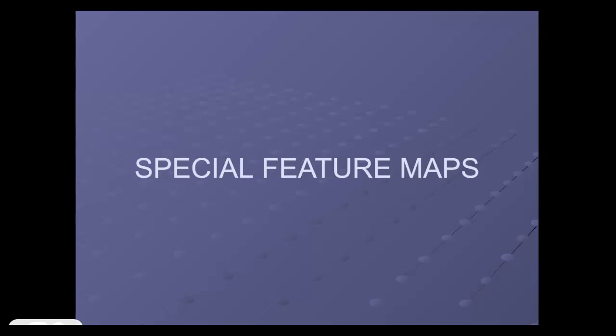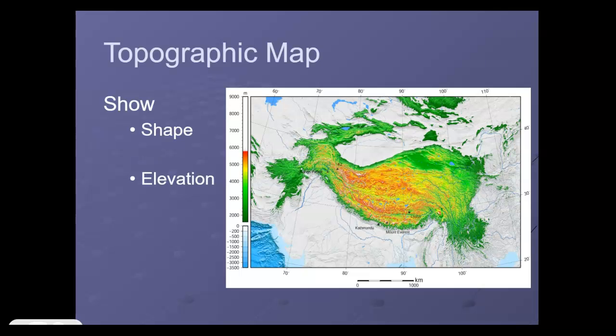Okay, we're now going to move on to special feature maps. In your notes, you don't have this one, but I'm just going to talk about it. A topographic map goes along with the physical map a little bit because it shows shape and elevation. So if you want to jot down next to special features this word, topographic map. Here you can see the different colors represent different elevations.